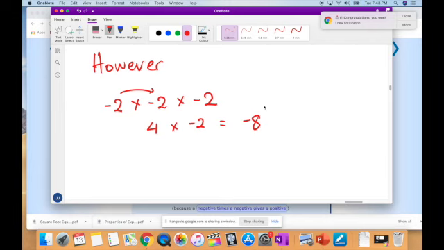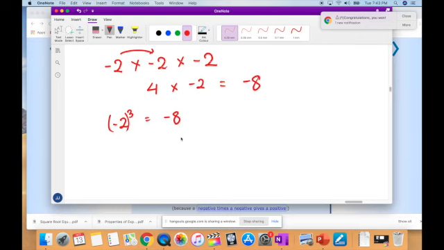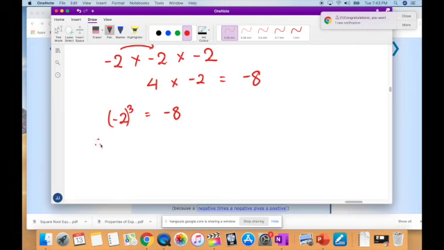Right? So -8. So you see here that in this case, I can have -2 cubed is equal to -8. Therefore, -2 is the cube root of -8.